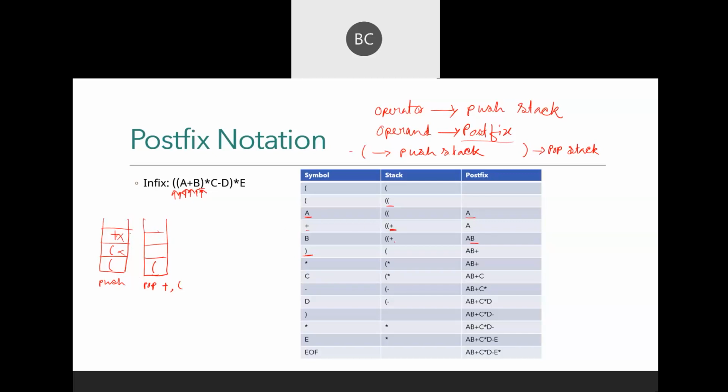So this one should come here. That means it is making AB, so this is the complete portion. You will pop out the operator from the stack and print it in the result section. So for a right parenthesis, you pop everything and print it in the postfix. Next you have a star, so we'll push it onto the stack again.